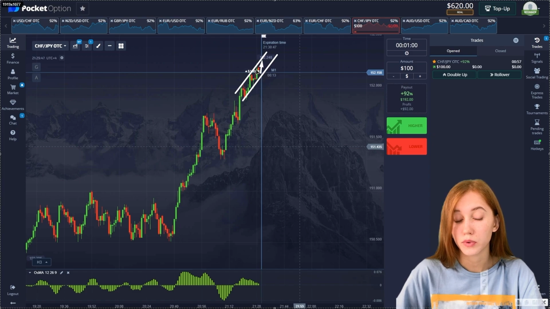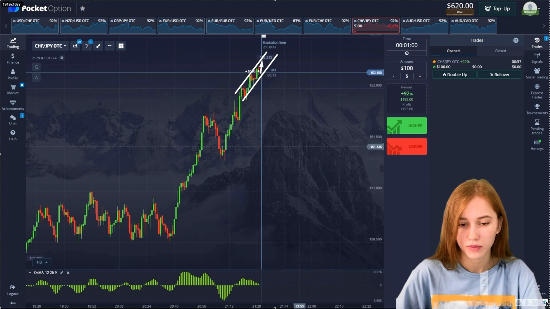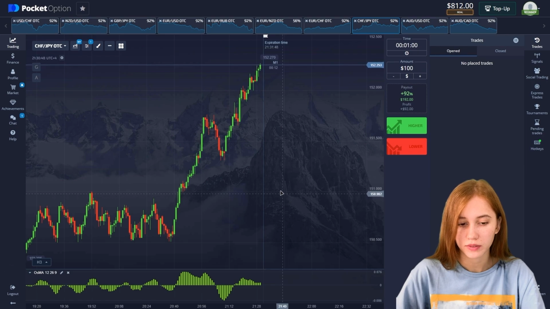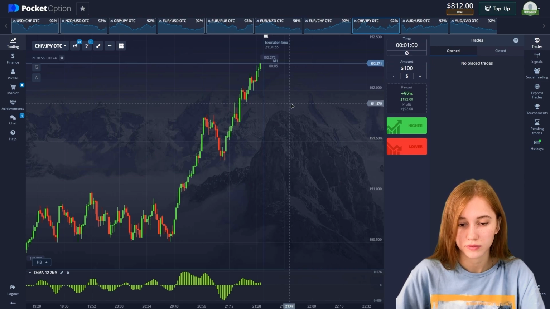Candles are getting smaller and there is a reversal in the opposite direction. We see a clear increase, the candles begin to decrease. So I suggest moving to $812 on my balance. And let's move on to the next concept.